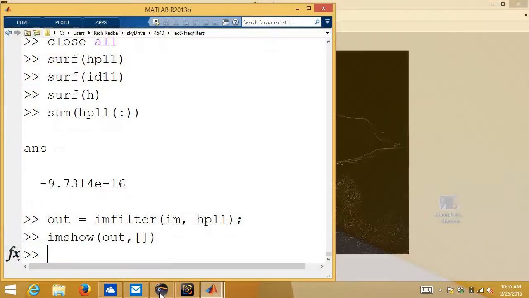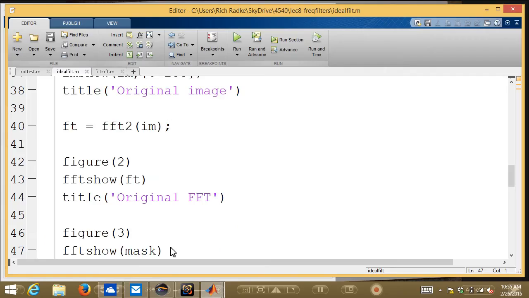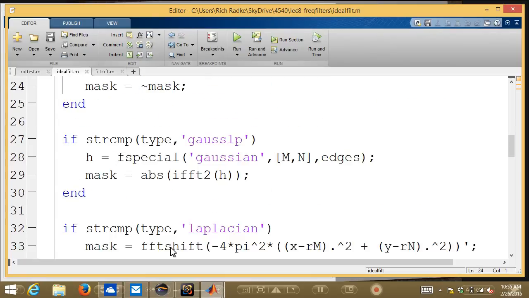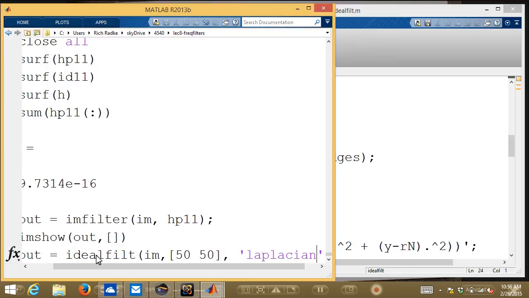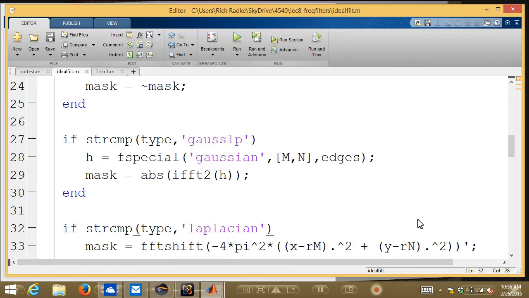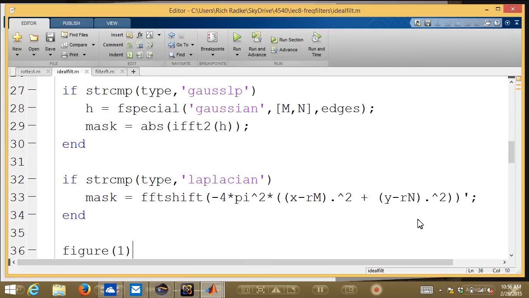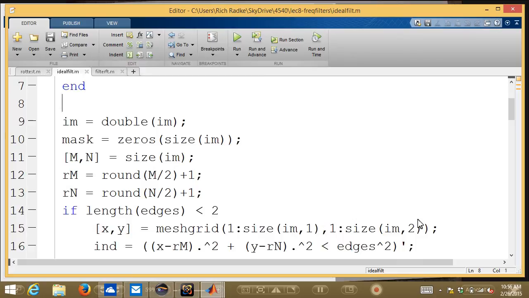And I believe I have this in my special guy here, too. So if I have a Laplacian, see how I defined it here. Yep, Laplacian. So here, I'm just defining that filter in the frequency domain, where I give it a radius in both directions. Or this could be something that I never actually implemented, and it doesn't work.